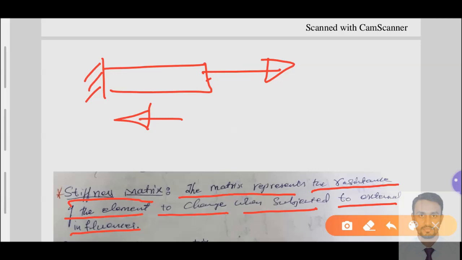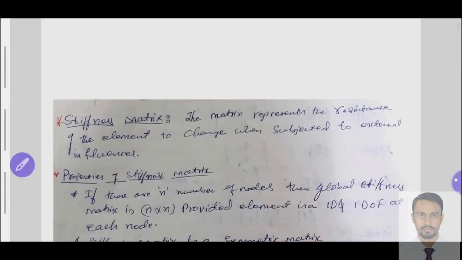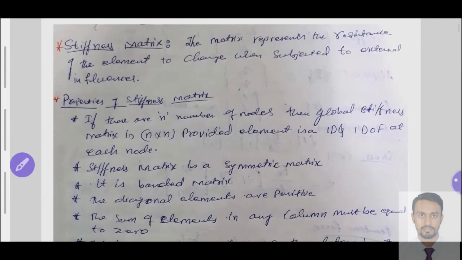Based on the continuum theory, that stiffness of the object is represented in terms of a matrix, which is called a stiffness matrix.